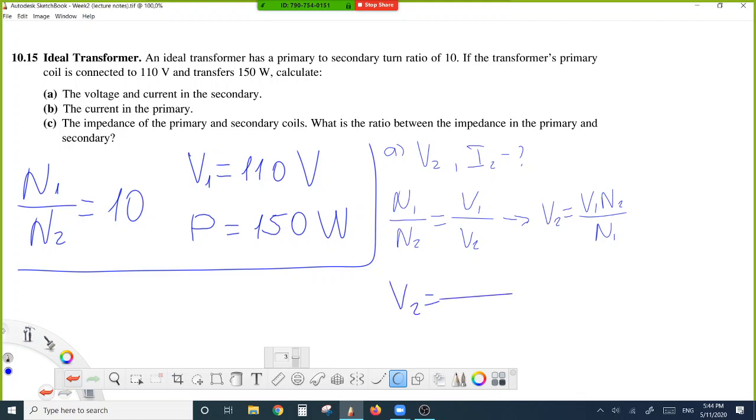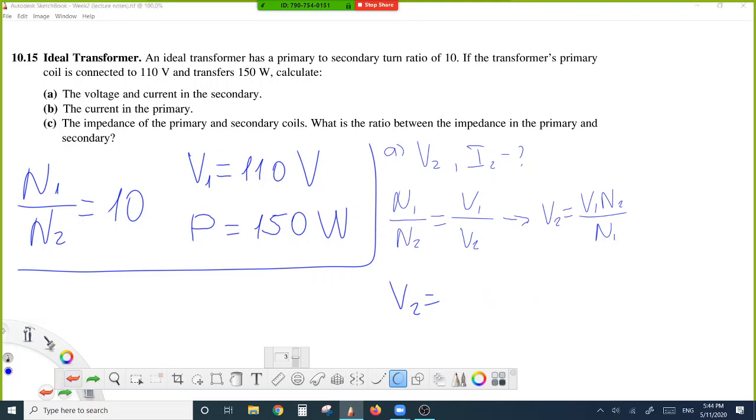V1 is 110 volts multiplied by N2 over N1.